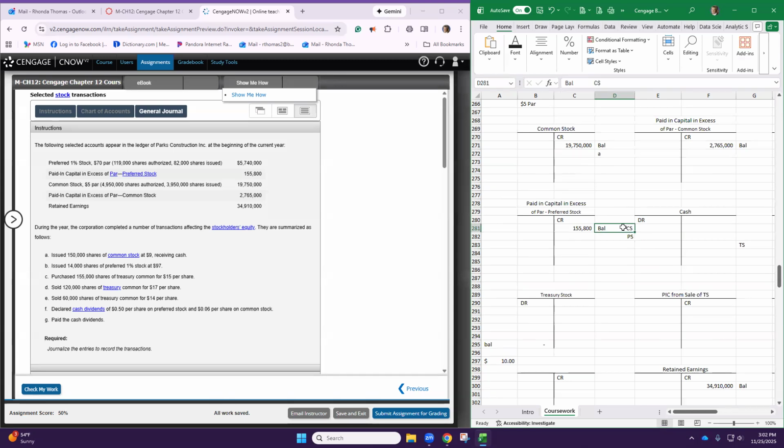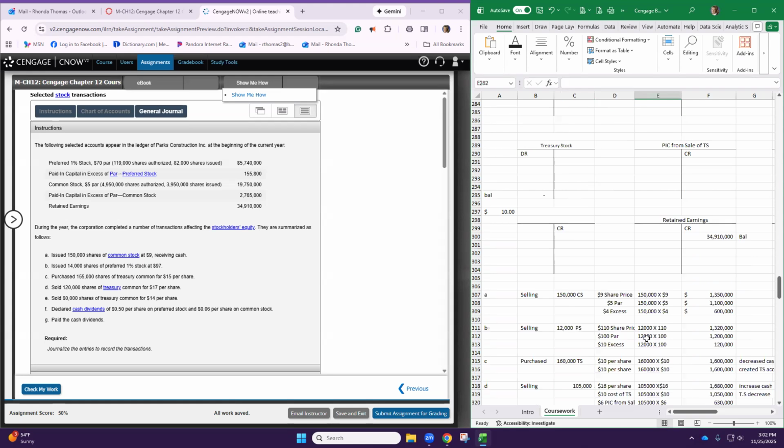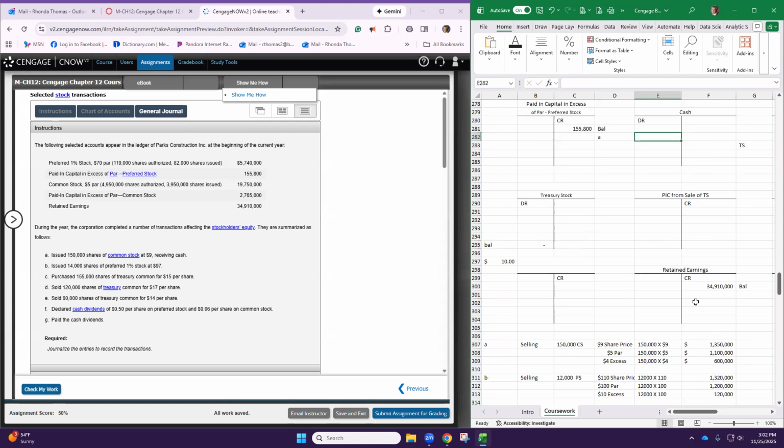There's all the balances there. The amount coming in is 1,350,000.